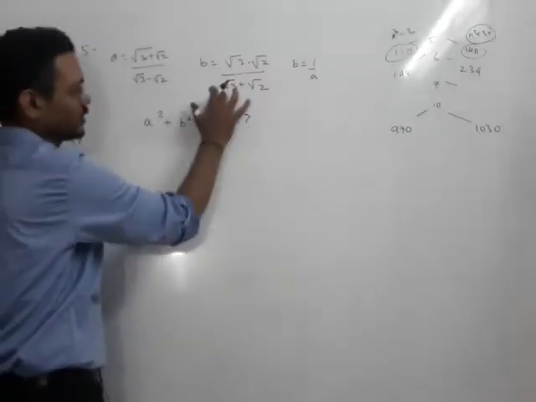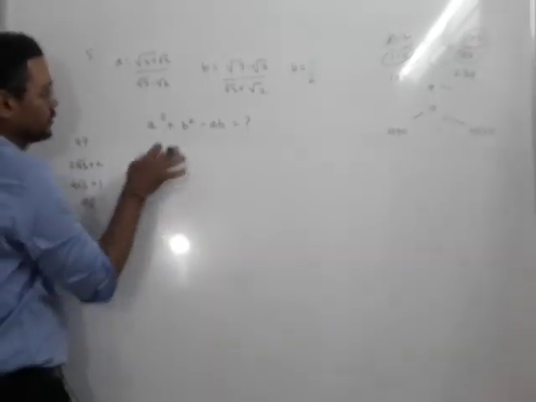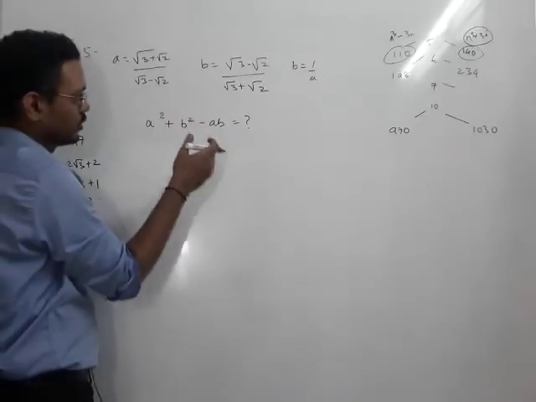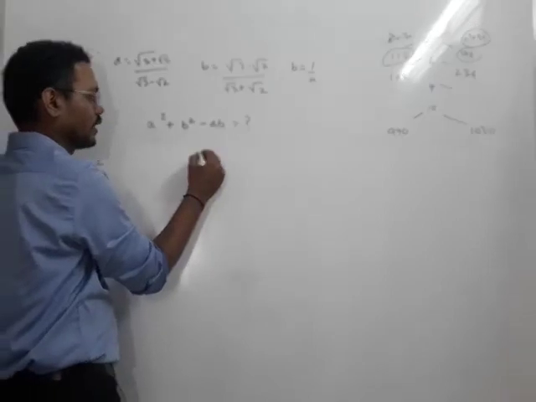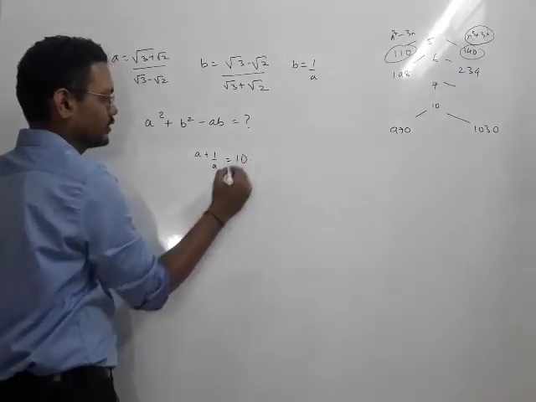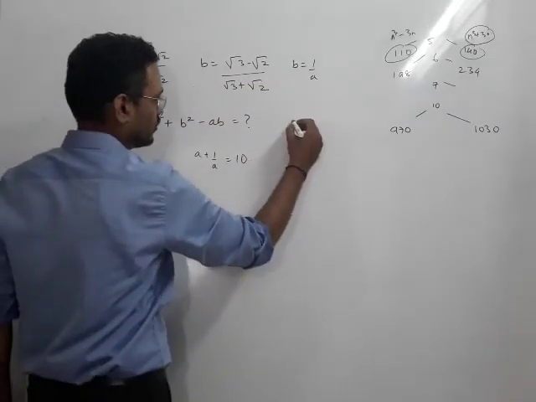Right, now I can see these are conjugates, reciprocals of each other, getting cancelled in the root form. So what I will do is take A plus B, and I can see that it is straightforward 10. When I am getting 10, A plus 1 by A is 10.